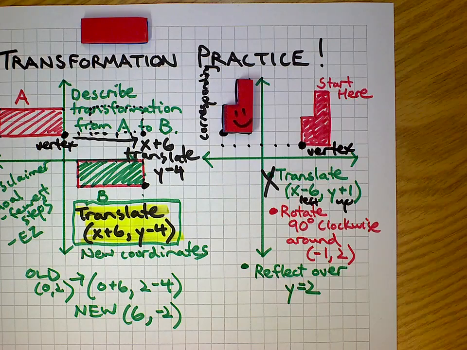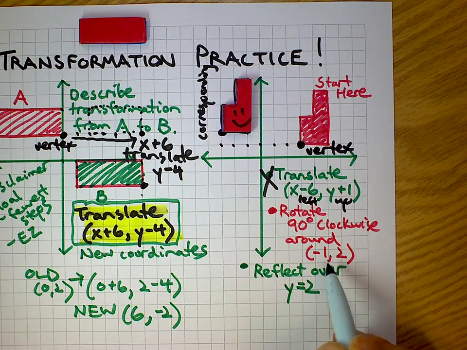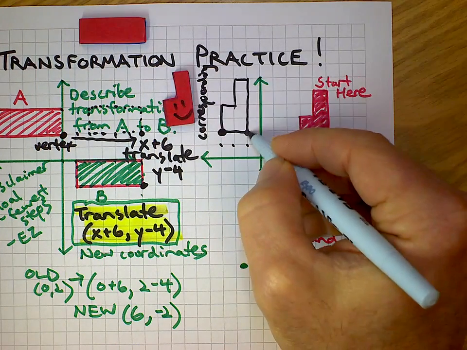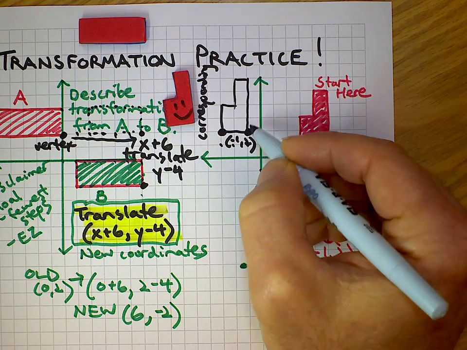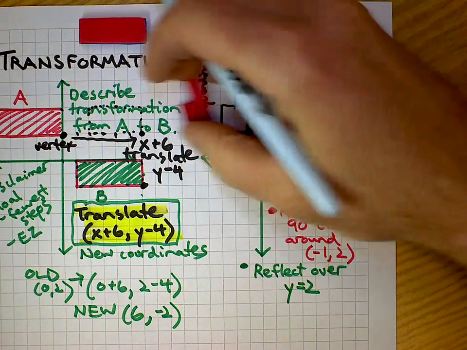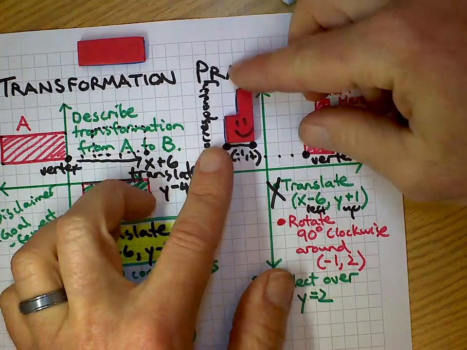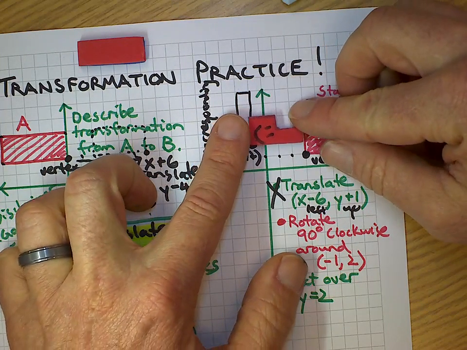Okay, so we're there. Rotate 90 degrees clockwise around -1 and 2. Well, first let's find -1 and 2, which is right there. And rotating clockwise means this. Same direction as a clock. Lay down, little buddy. Go to sleep.